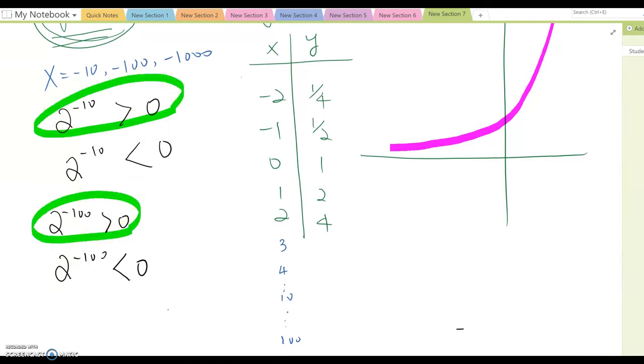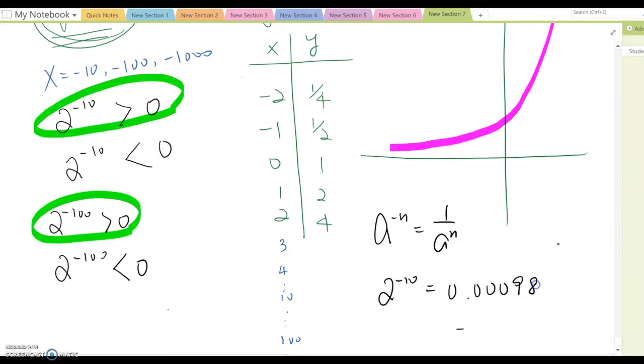The reason is, now we know this property, a to the negative n equal to 1 over a to the n. Therefore, 2 to the negative 10 power, using the calculator, becomes 0.00098.